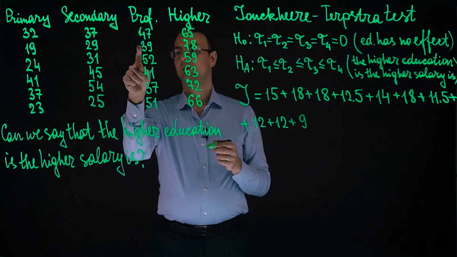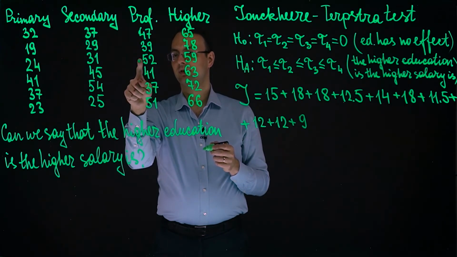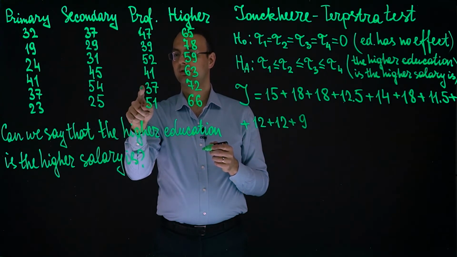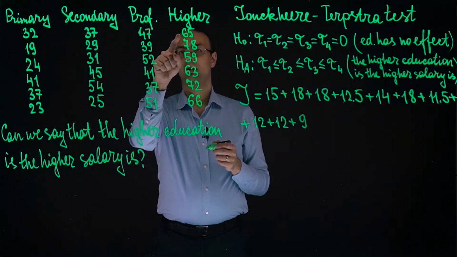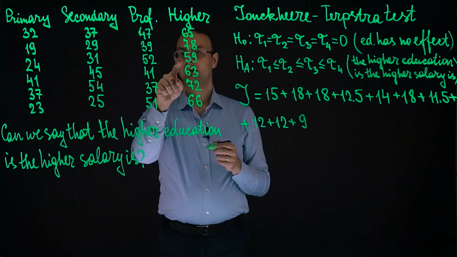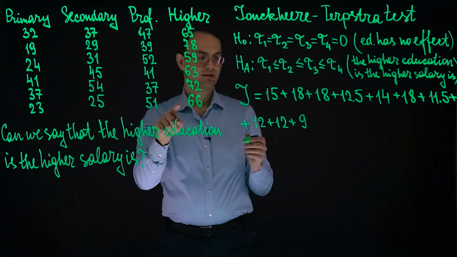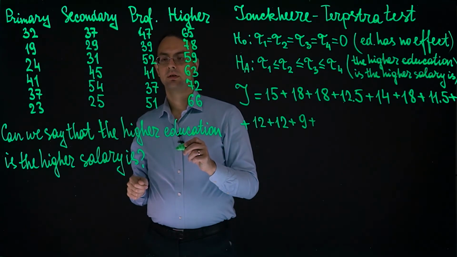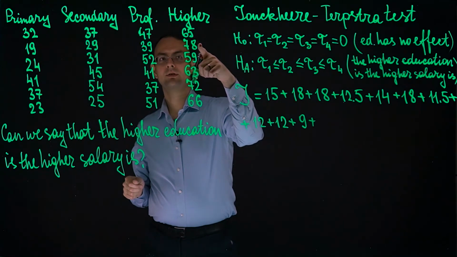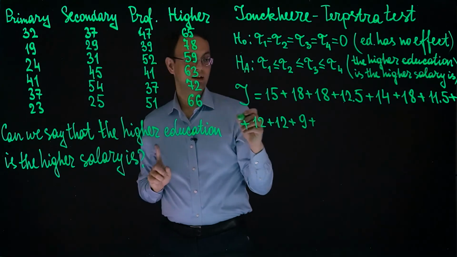Greater 0, greater 0, greater 0, greater 0, greater 0, greater 0, less 1, less 2, less 3, less 5, less 6, less 7. 1, 2, 3, 4, 5, 6, plus 6.